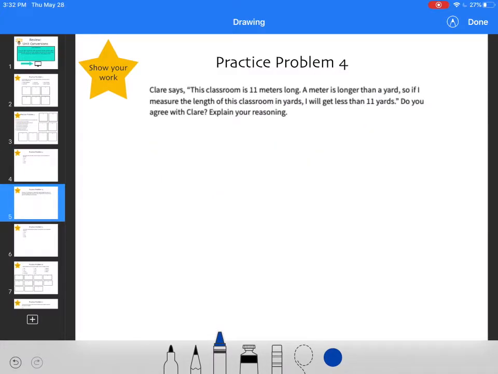Claire says the classroom is 11 meters long. A meter is longer than a yard. So if I measure the classroom in yards, I will get less than 11 yards. Do you agree with Claire? Well, let's look it up. So again, I'm going to use Safari, and I'm going to look up meters, and I'm going to look up yards. So 1 meter is 1.09 yards.